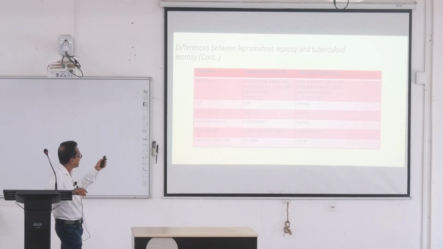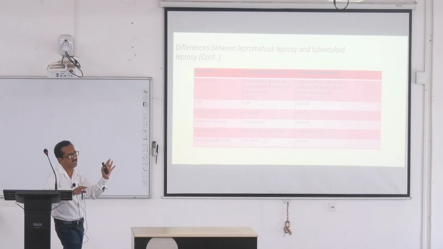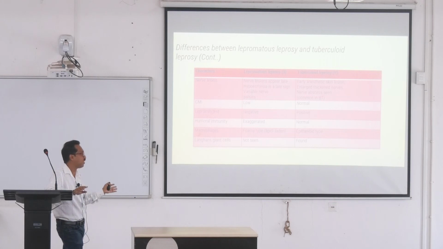So CMI, cell-mediated immunity, is the most important part in leprosy. That's why the prognosis of treatment is better in tuberculoid type and worse in lepromatous type.